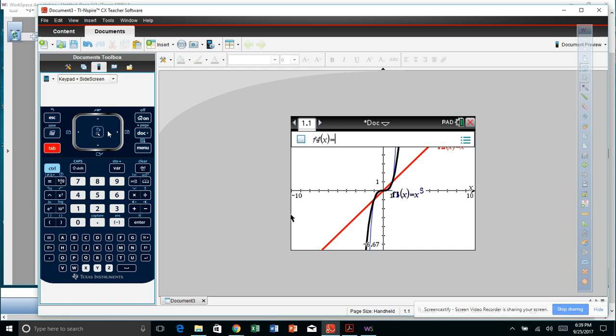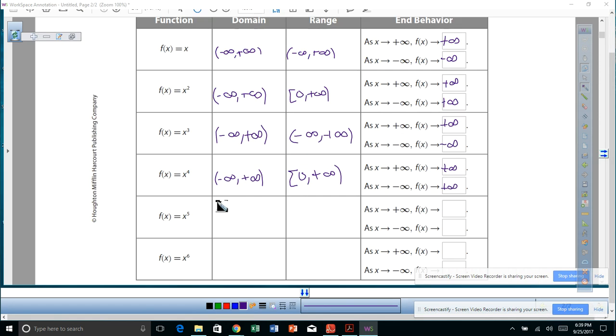So let's go up here and clear that off. Control, delete, and then tab, control, delete. All right, so now we're just back to this one here. So our domain is going to be negative infinity to positive infinity.